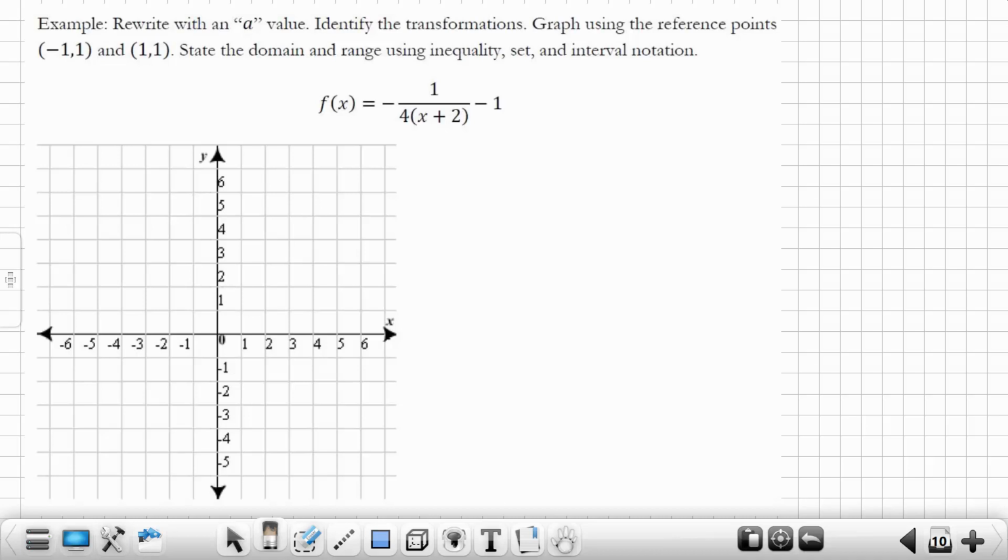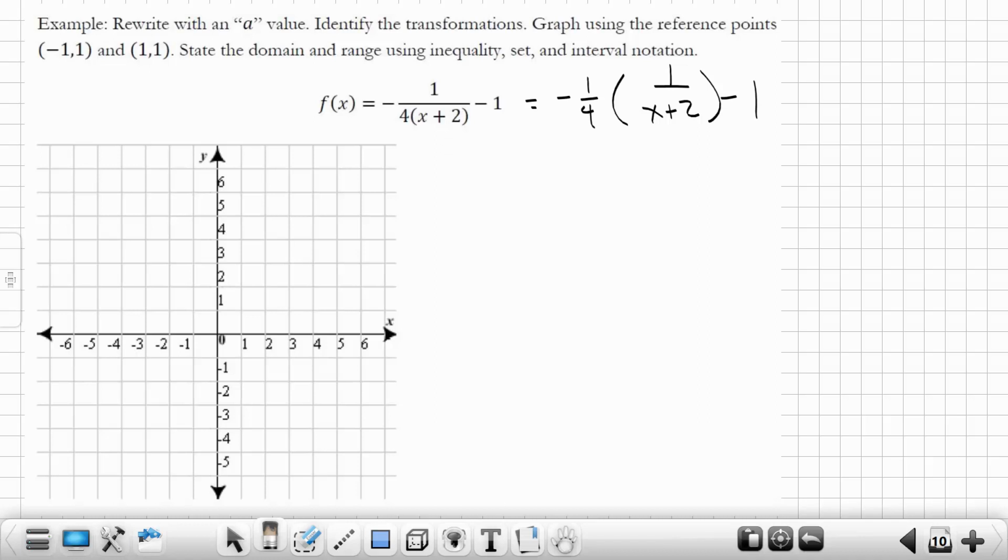So what am I going to pull out front? Josiah? 1/4. I will pull the 1/4 out front. And why does that work? When we multiply fractions, how do we multiply fractions?